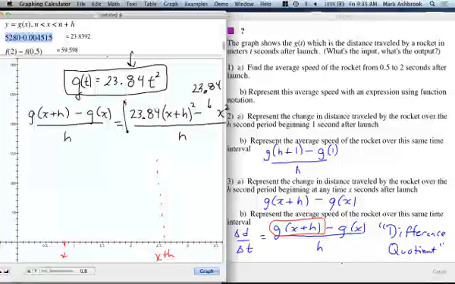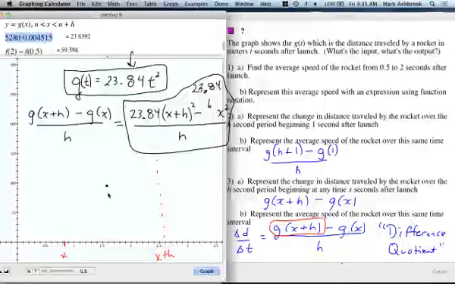And so then we subtract and divide by h. So this also is the difference quotient, just expressed in terms of the rule instead of expressed in function notation.